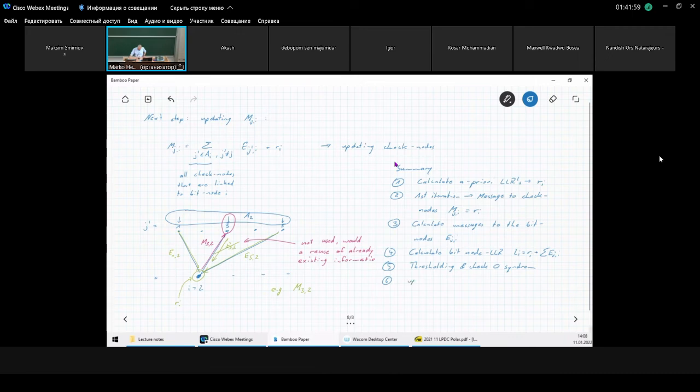Update MJI. And with the MJI, so the messages to the check node, we would be able to update the extrinsic information, so then we would calculate again the EJIs and so on, until we end up with a valid code word.